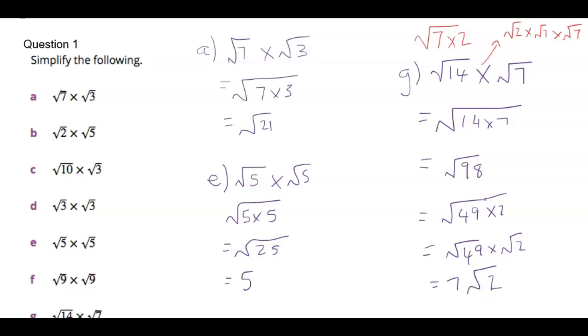You can see the square root of 7 times the square root of 7 will just become 7, and then we've got the square root of 2 there. So either way you could do it. Here's the method that we applied for A and E, but this one is separating that 14 into 7 times 2 and allowing the square root of 7 times the square root of 7 to become 7 on its own.